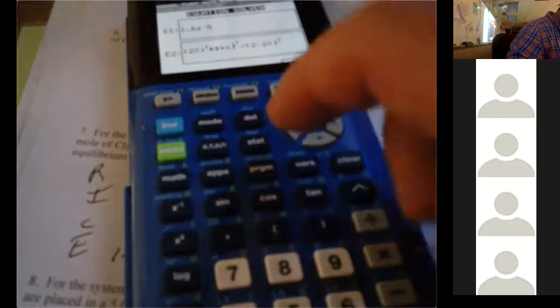We're going to put parentheses around that. Wait, why is it 1 plus x and not just x? Oh, I see what I did wrong. I'm sorry. I just did x instead of 1 plus x. There we go, right? I'm going to go ahead and put more parentheses around this whole thing. And it's just one, it's not that cubed. We can get rid of that.